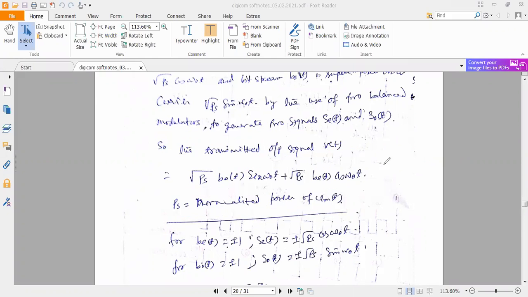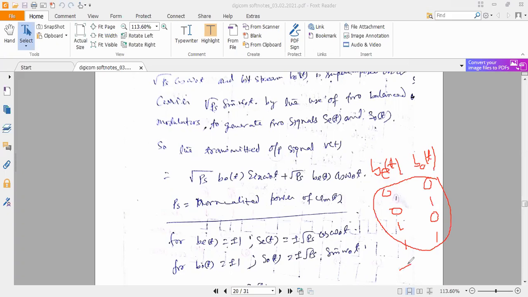Suppose this is your BET and other is your BOT. How many combinations do you have now? This may be 0, this may be 0, this may be 0, this may be 1, this may be 1, this may be 0, this may be 1, this may be 1. You got 4 combinations.